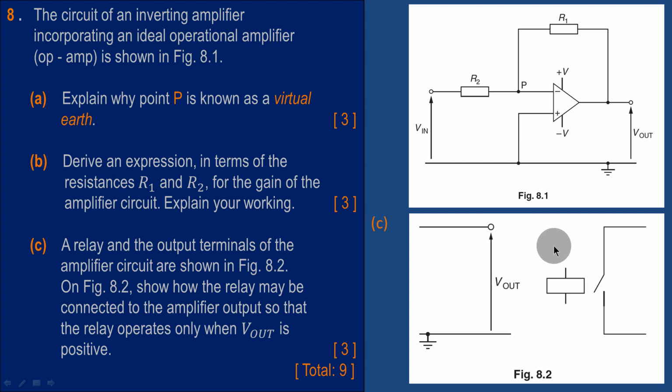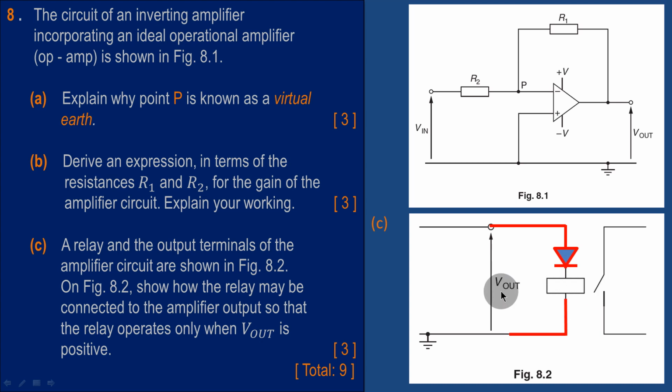And therefore you're going to have a diode here, and we're going to connect the electromagnet to the output and the other terminal connected to 0 volts or connected to the earth line at this particular point, like this. So we have our diode here, and when the V out is positive, this diode will allow current to flow in this direction and the relay will work.